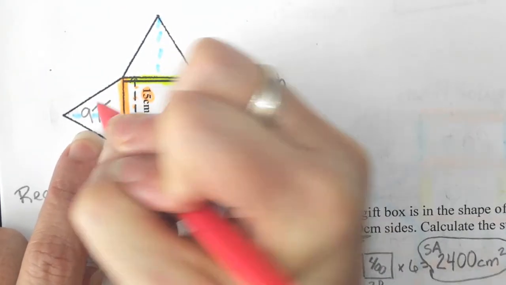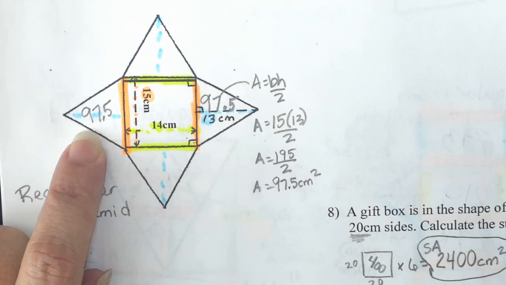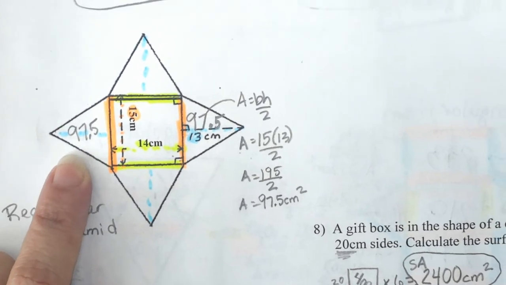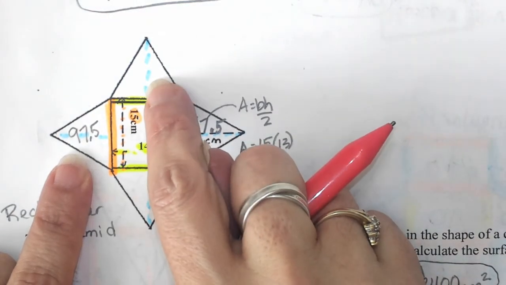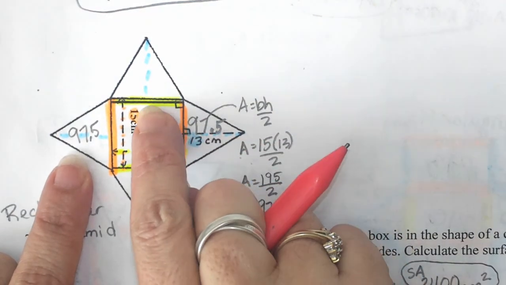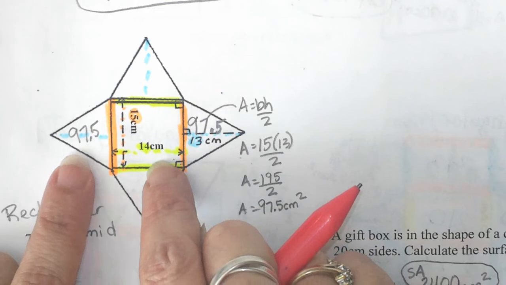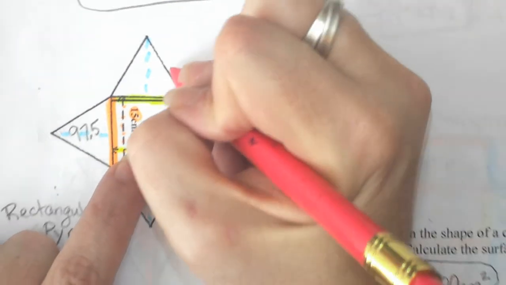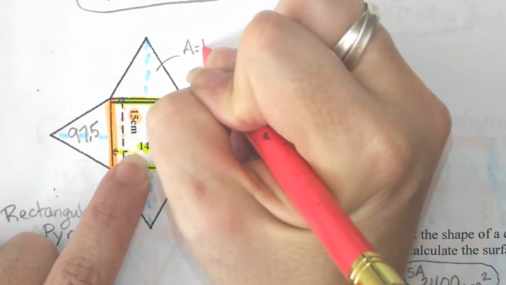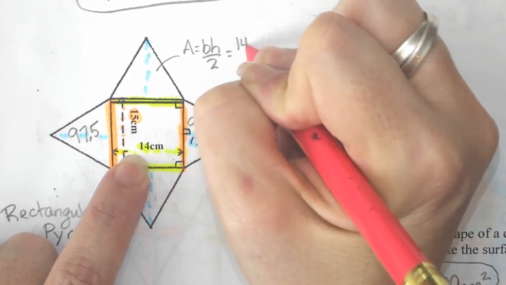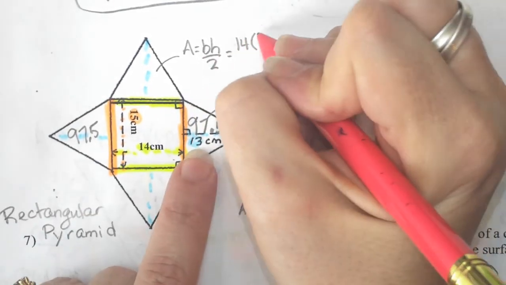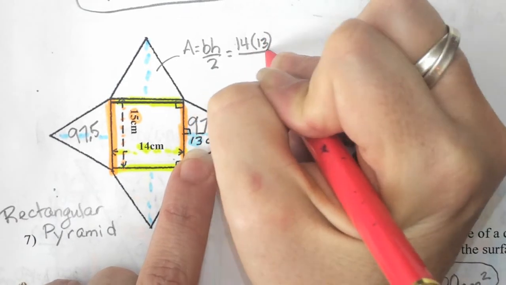But for the first time, we're seeing a triangle with different measurements. Look at the top triangle. The base is yellow. The base is 14. And my height is 13.